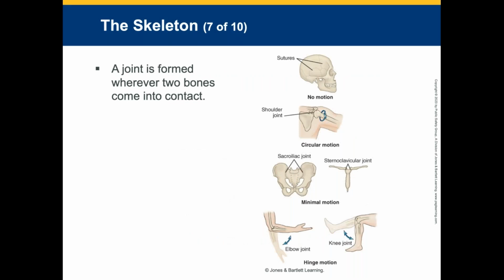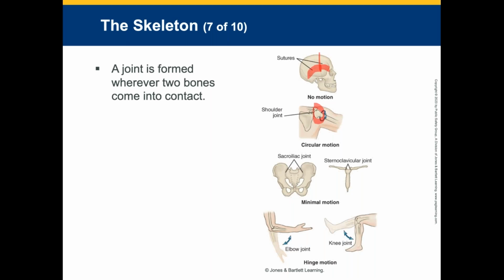All right. So joints are formed whenever 2 bones come in contact. Right. So for the skull, we have sutures, like sagittal sutures, where there's no motion. A shoulder joint is ball and socket up here, where you have circular motion, where you can move the shoulder, right?